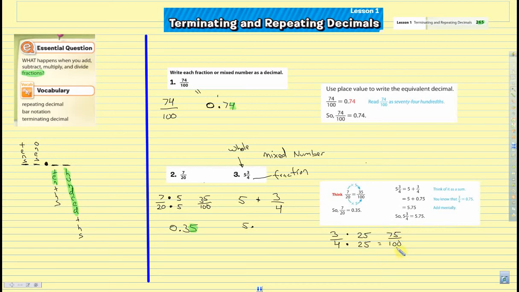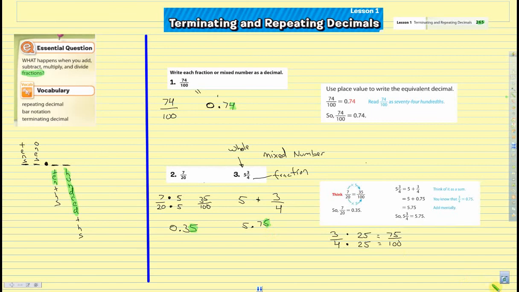Or 75 over 100. Or 75 hundredths. So I'd put my 75 here, making sure that my 5 again is in the hundredths place. There you go. You got your 74 hundredths, you got your 35 hundredths, and now you got 5.75, or 5 and 75 hundredths. It's just how we say it.